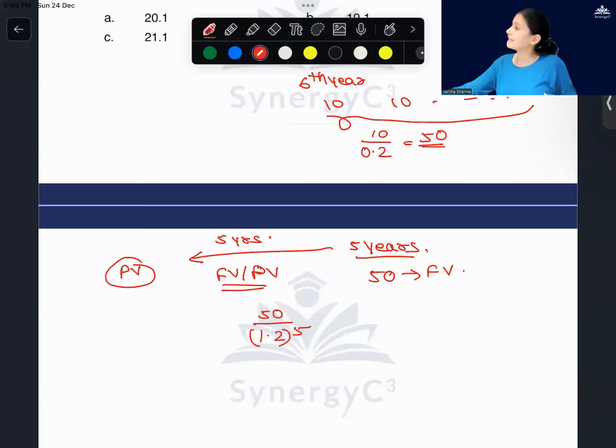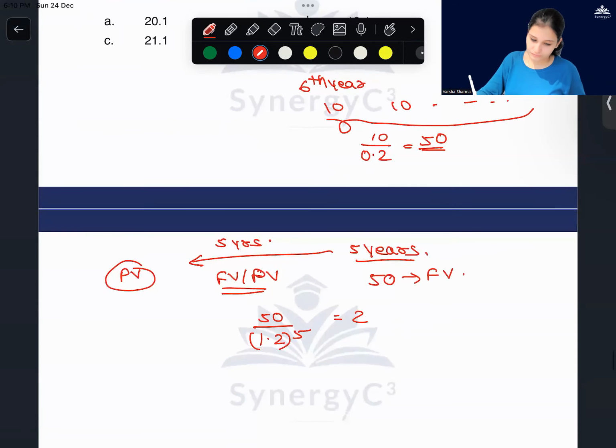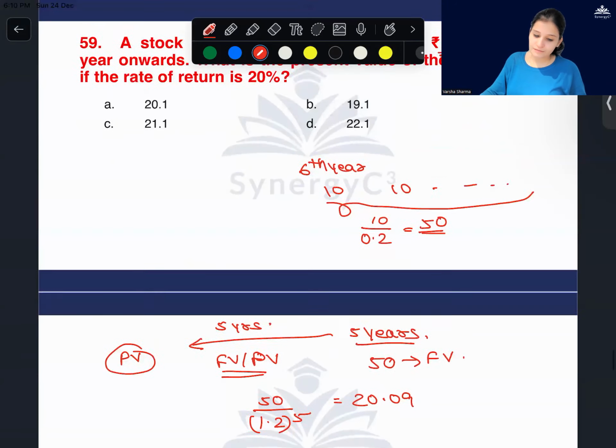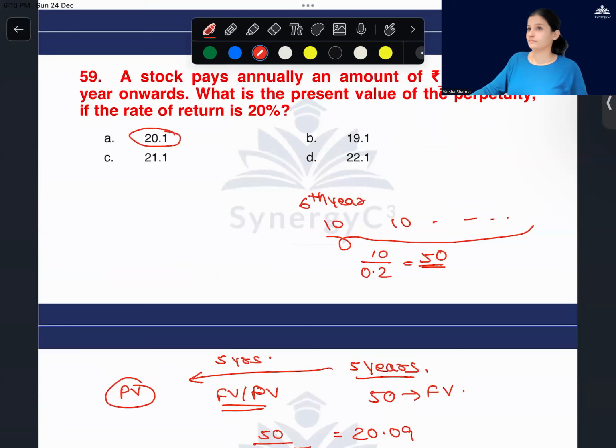So from the sixth onward, I found the perpetuity amount, but that is at the beginning of the sixth year, that means at the end of the 5 years. The initial 5 years are missing. No annuity was paid, so it is a normal present value, future value, amount principal case. Clear? So that will be A, 20.1.